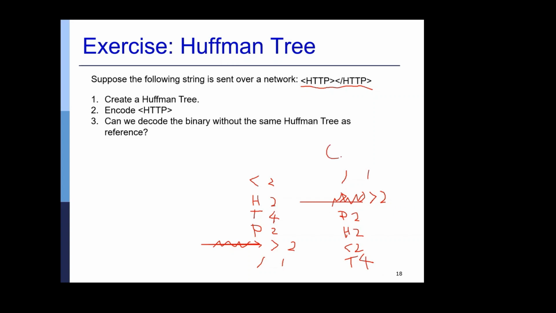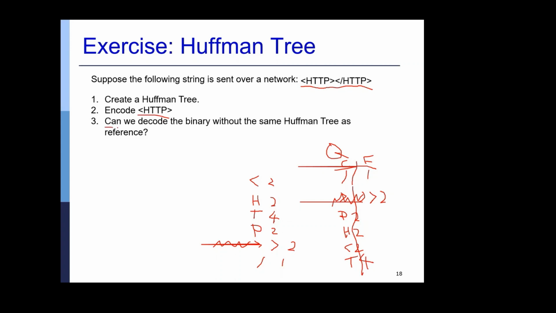Then this is the priority queue, whereby the left-hand side is the character, the right-hand side is the frequency. Guys, sorry, it's not so clear. Okay, and then from this priority queue, you can produce a Huffman tree, and you can use it to encode and decode HTTP. All right.